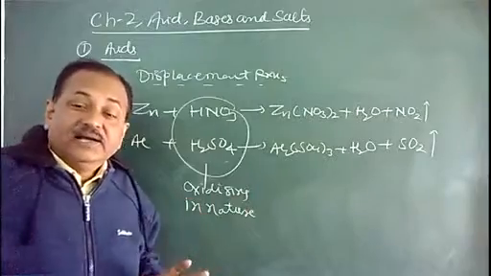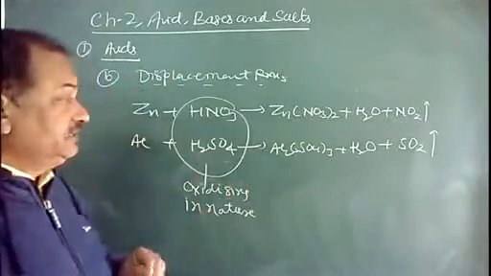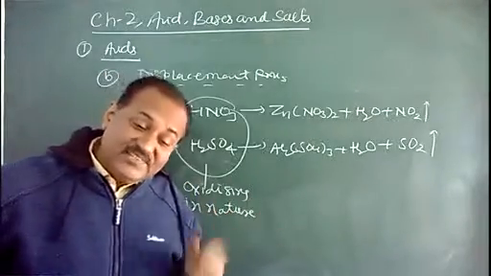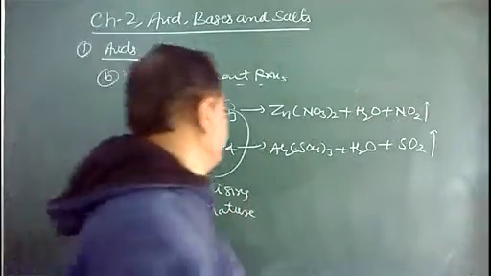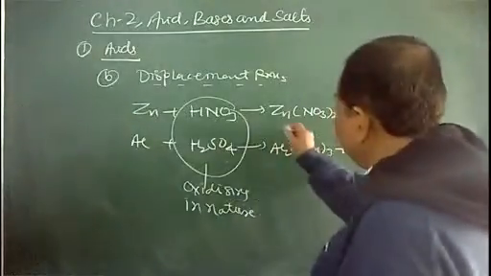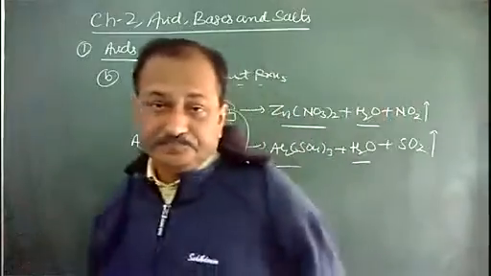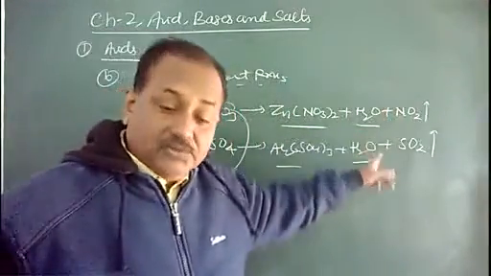And children, you know, this is the point associated with oxidizing agents. They oxidize others and they themselves are reduced. So here there is the formation of zinc nitrate. They oxidize the hydrogen. Hydrogen is converted into water.